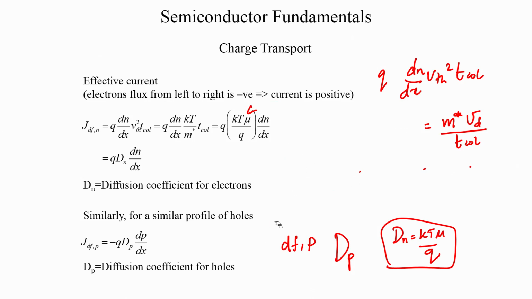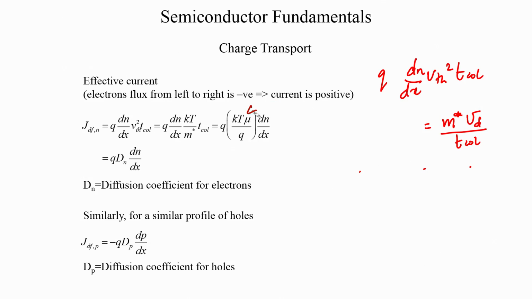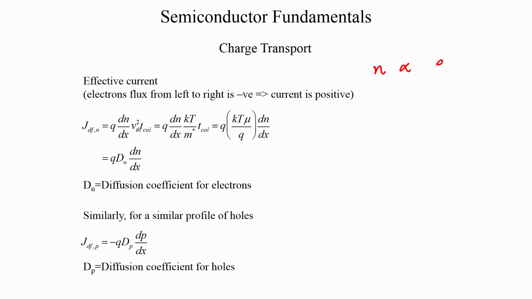In order to understand how Einstein's relation comes about, all you need to do is take any situation. It is not just limited to carriers in a semiconductor. In any situation where the carrier count follows a Boltzmann's distribution, in the sense that n is proportional to e to the power minus a potential, say q phi by kT, or let us say minus phi by phi naught.